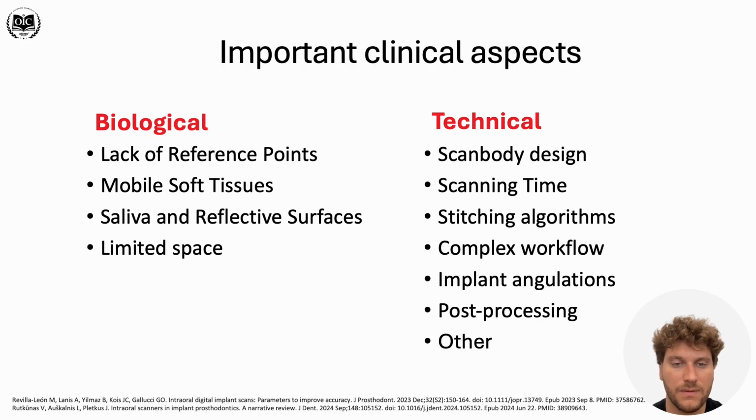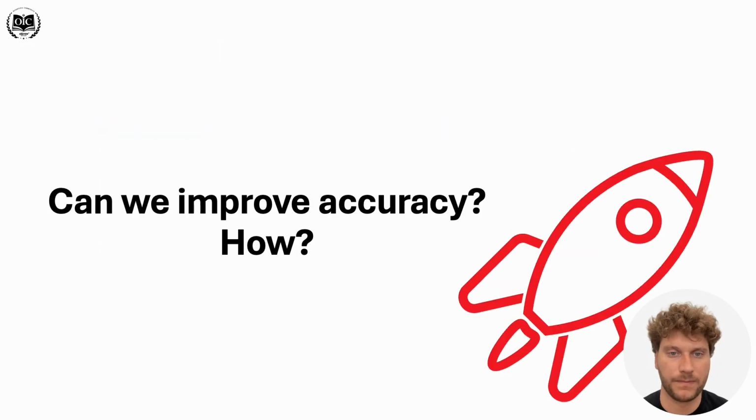And then we have implant angulations, and different implant systems deal with this differently. Also, same as the stitching algorithm, we have post-processing. We need to know what's going on behind that process, and also all sorts of other technical aspects that we should always try to look for.